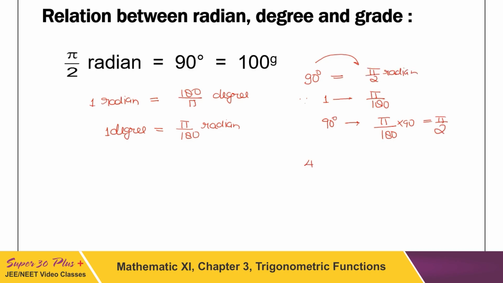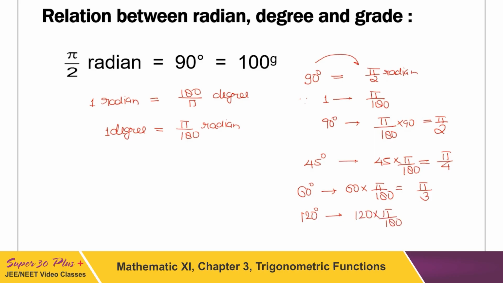Similarly, 45 degree is equal to 45 into pi upon 180, which is pi by 4 radian. 60 degree is equal to 60 into pi upon 180, which is pi by 3 radian. 120 degree is equal to 120 into pi upon 180, which is 2 pi by 3 radian.